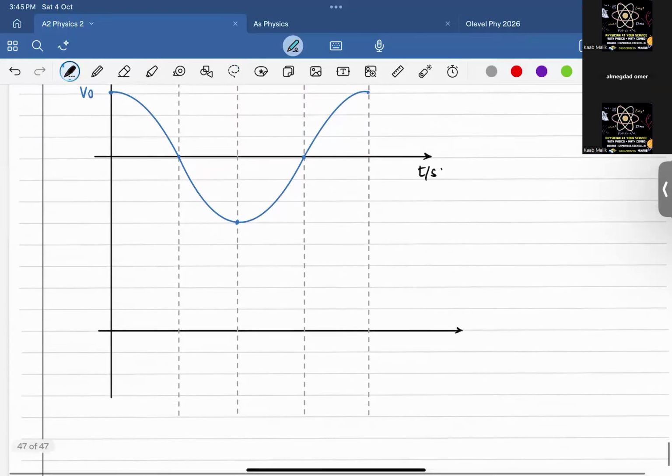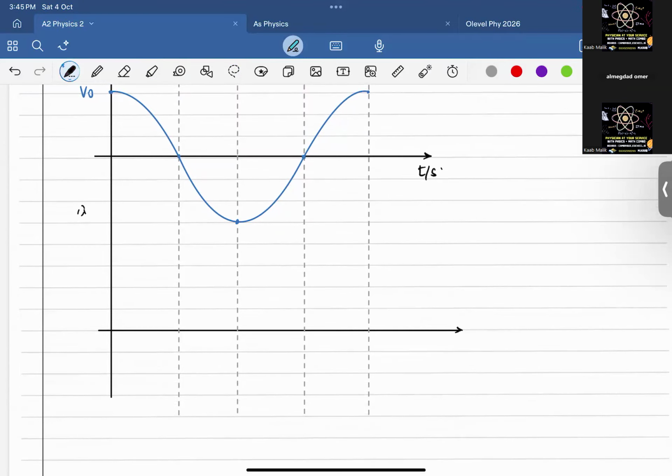If I want to make the acceleration time graph, which quantity, the gradient or the area, gives me the acceleration time graph? The gradient. Very good. So you're saying the gradient of the velocity time graph gives me the acceleration time graph, right? So now let's try to make the gradient of this graph.